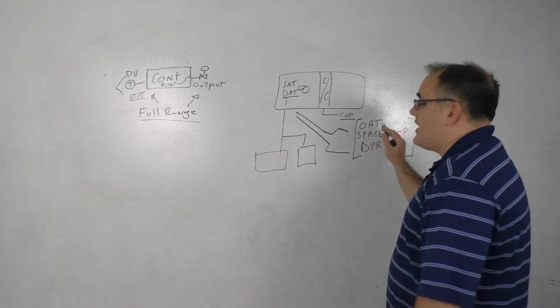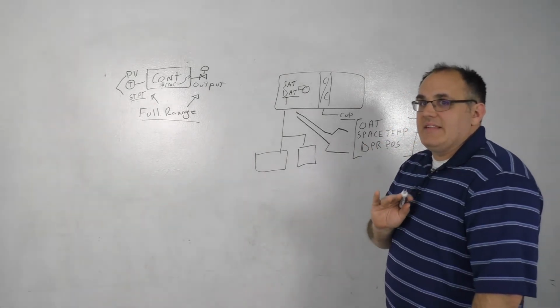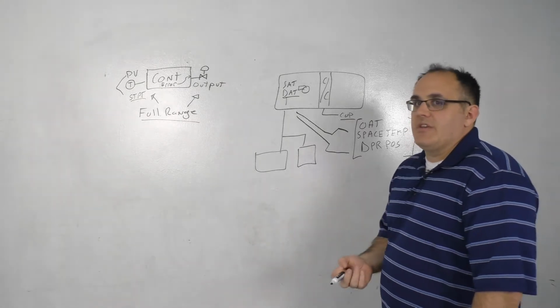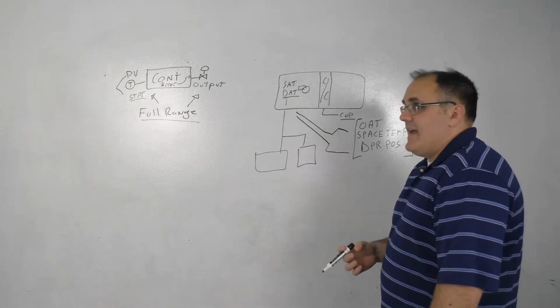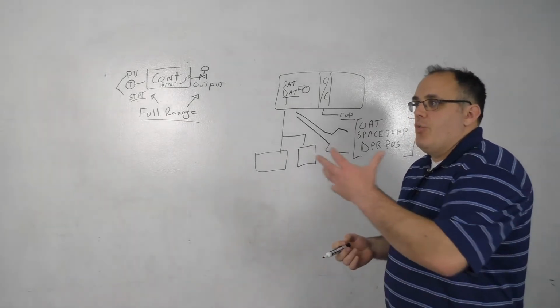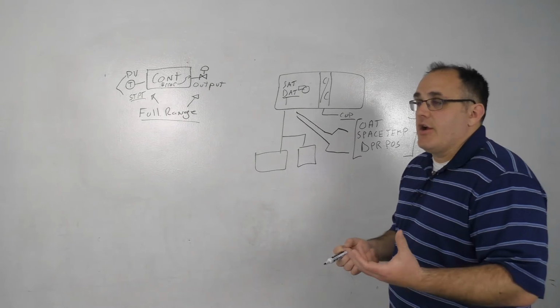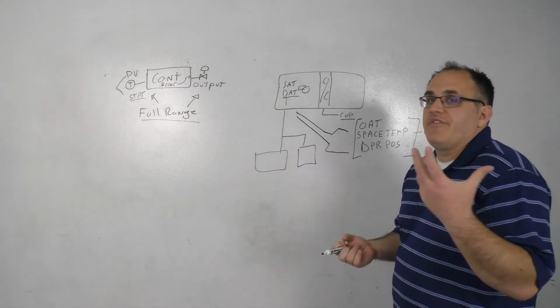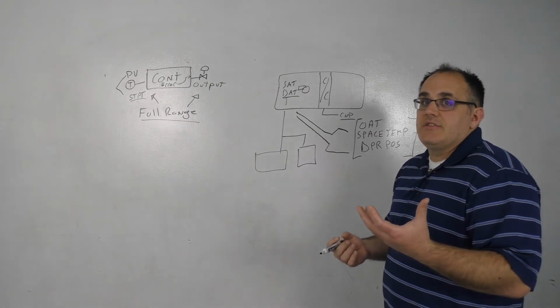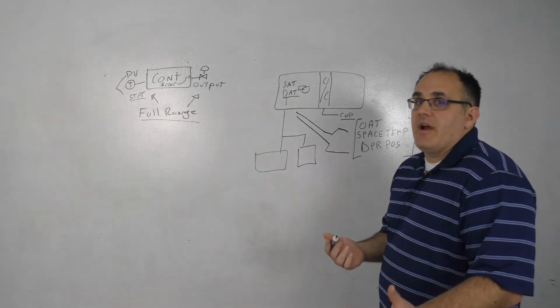So outdoor air temp is the least ideal method because it doesn't take into account the localized load. It just takes into account what the dry bulb temperature is within a specific area, and that area may not even reflect what the accurate outdoor air temperature is. So that's really important for us to be aware of.